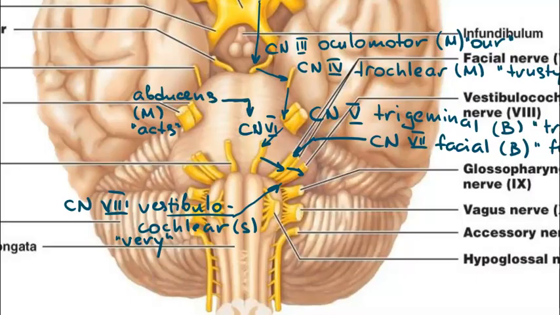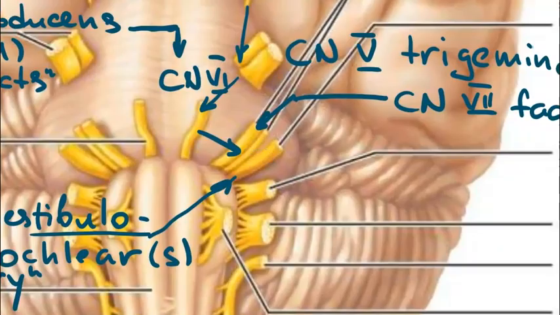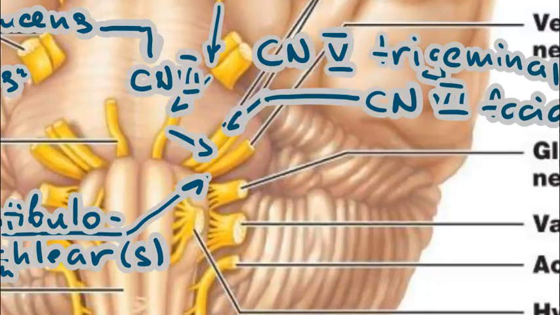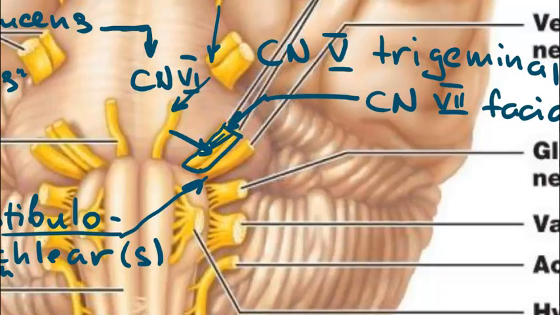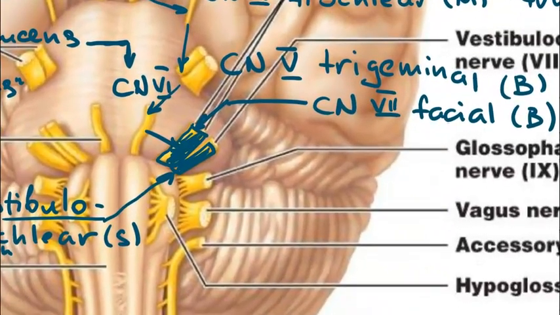Wait a minute, where did you say 7 is at? Let me show you. This is cranial nerve 7, and this is cranial nerve 8. They're very close to each other. So that's the facial and the vestibulocochlear.